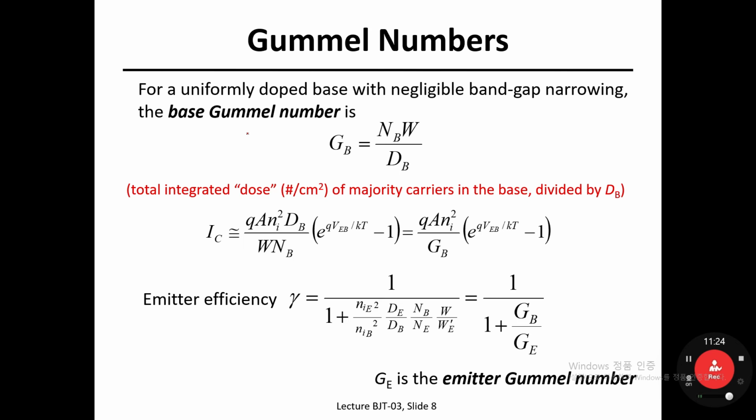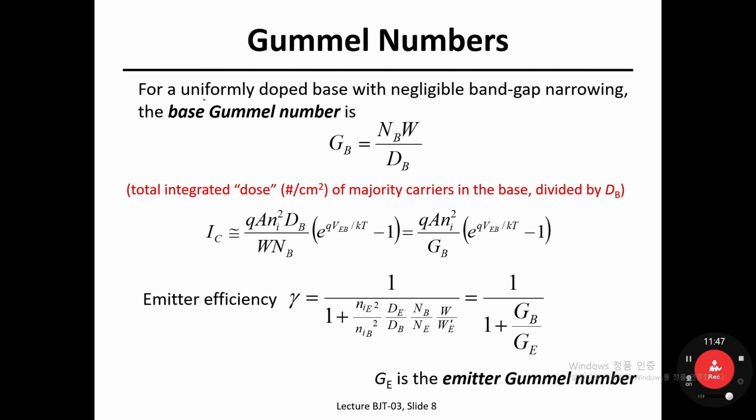Now let's define the Gummel numbers for your BJT performance. When it comes to evaluating your BJT device performance, we may use Gummel numbers. Or when it comes to designing your BJT device, you may propose and suggest the Gummel numbers.